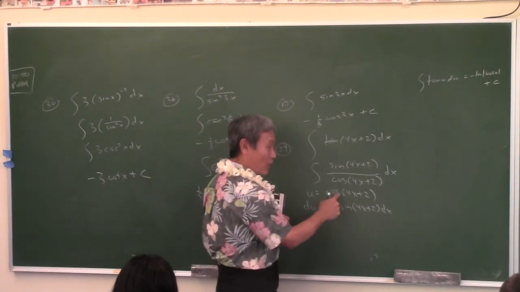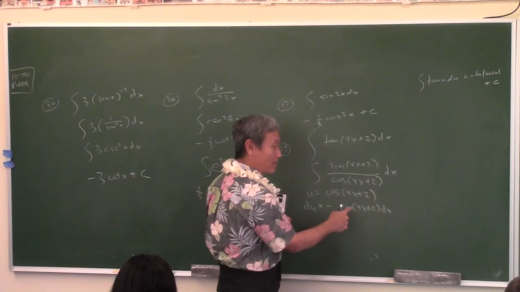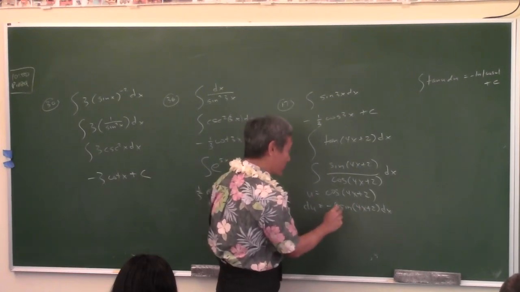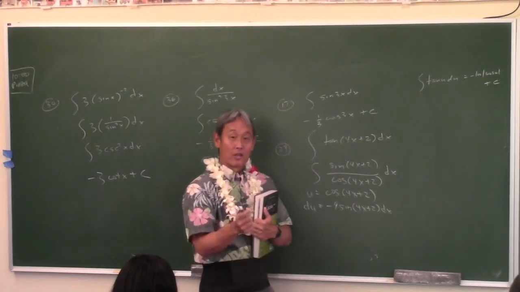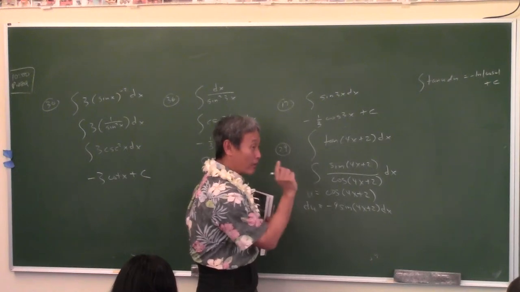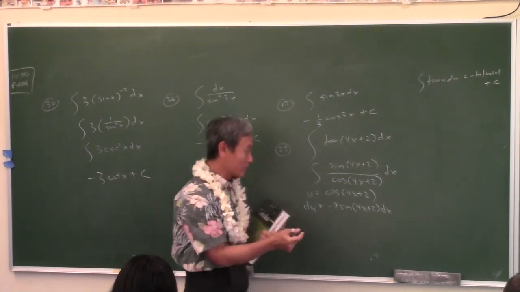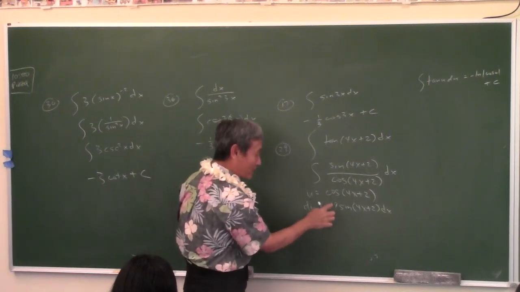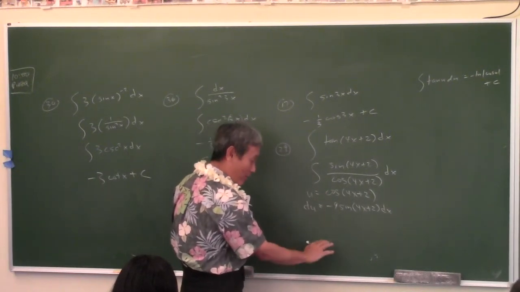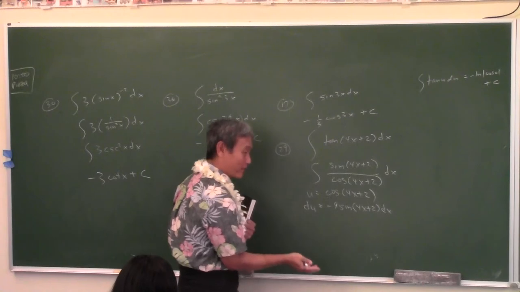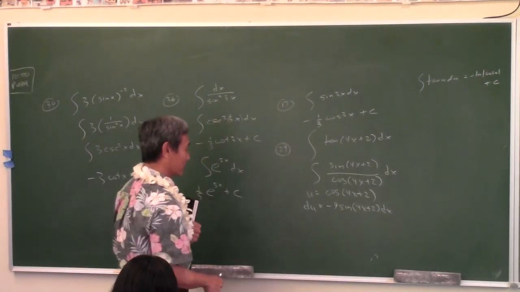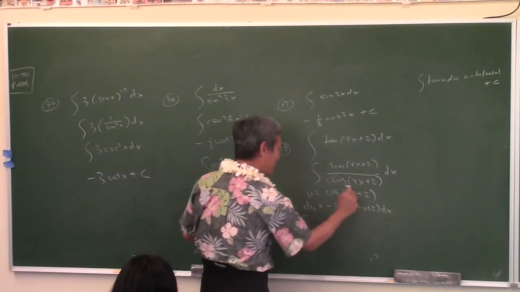The derivative of cosine box is negative sine box times the derivative of the box. If you put a 1/4 there, you're confusing it with the antiderivative. When you do U-substitution, you have to take the derivative to go from here to here. And then when you get to the integral, then you do the antiderivative. You have to be able to do both. Okay, so this becomes, what's that?